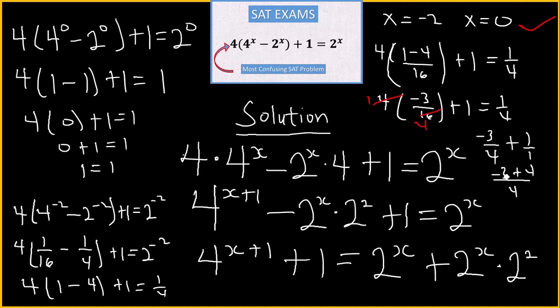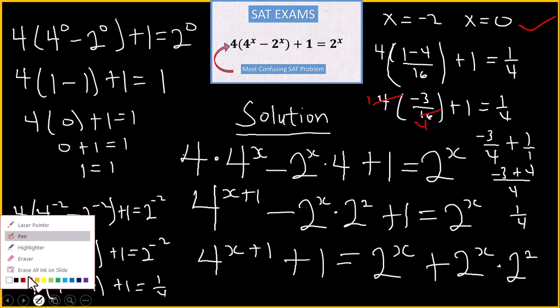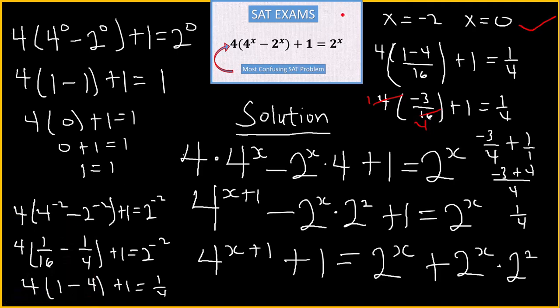Negative 3 plus 4 giving us 1 on 4. So we have 1 on 4 equal to 1 on 4, and x equals negative 2 is also a solution to the question.